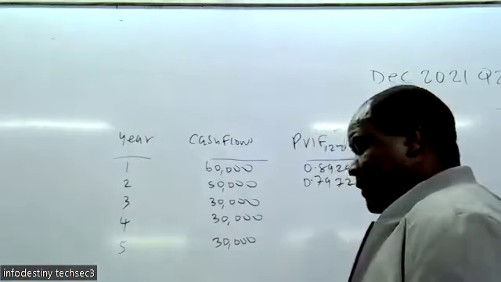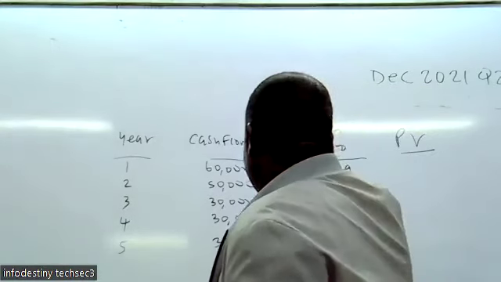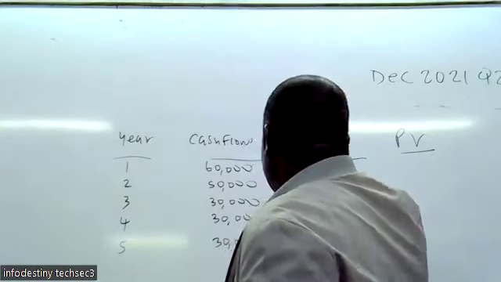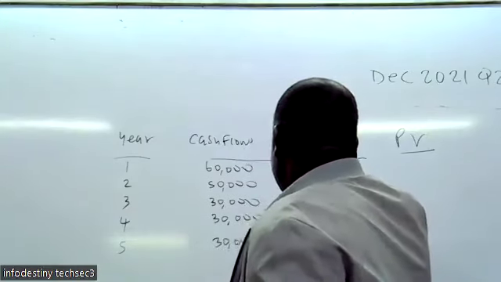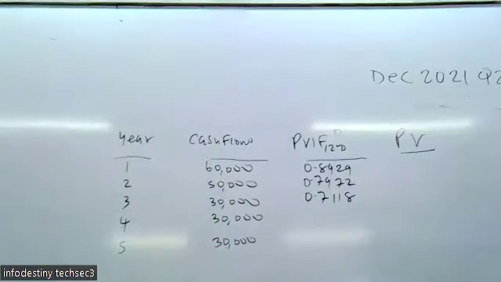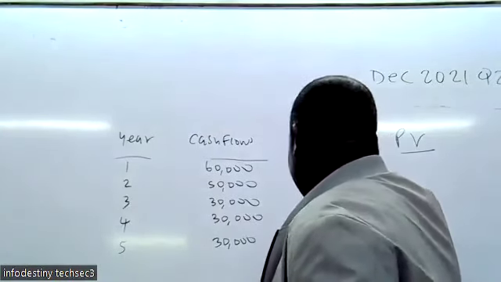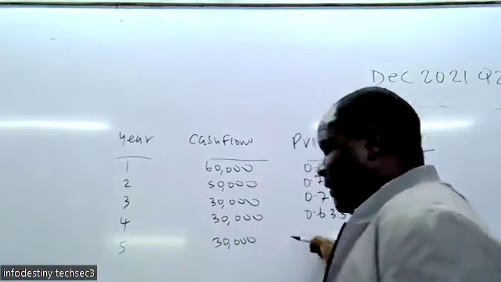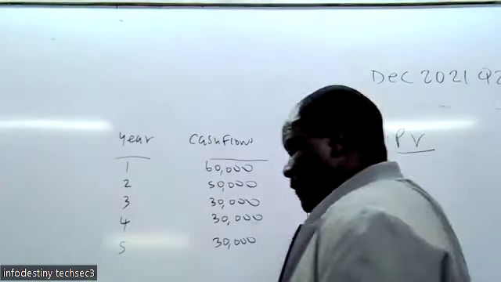Also confirm year 3, 0.7118. Then confirm the one for year 4, 0.6355. Then also year 5, 0.5674.